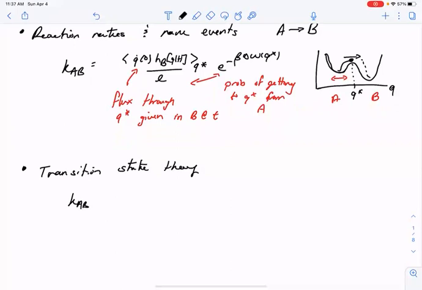So the transition state theory estimate of the rate is just the flux at 0 times the probability it was going in the right direction. If it really is a flux, then it's an even variable in equilibrium. The likelihood it's going left to right is just 1/2. And then I keep these factors of the probability of getting to the top of the transition state.